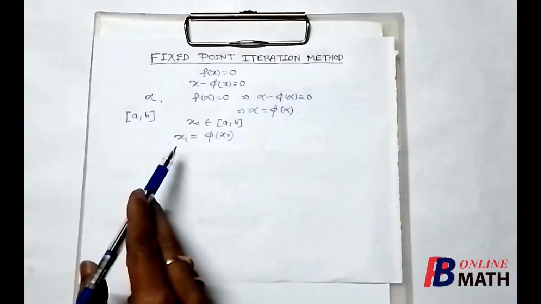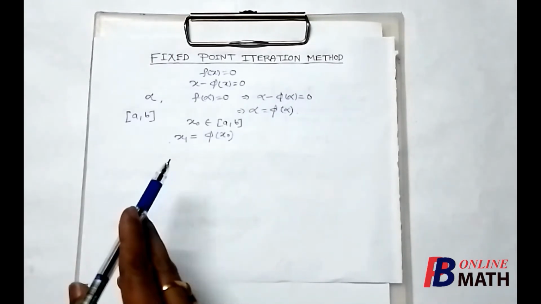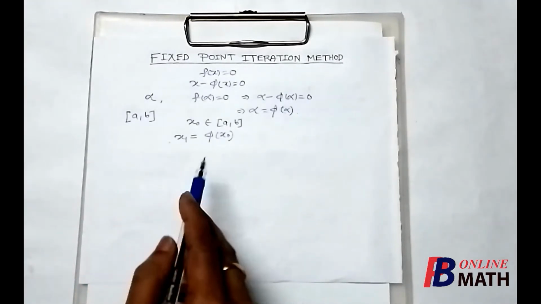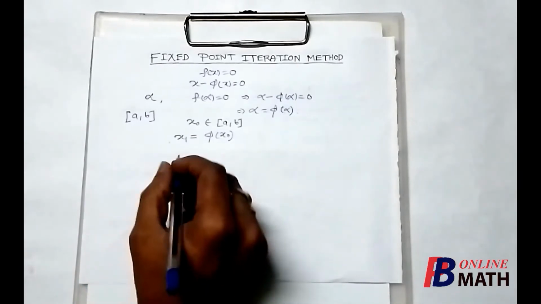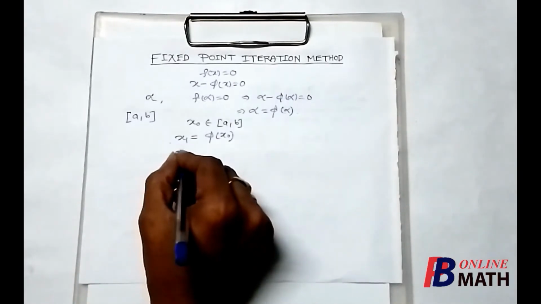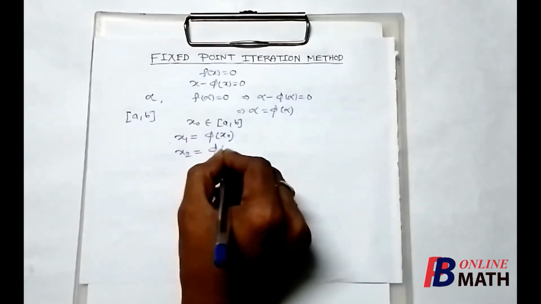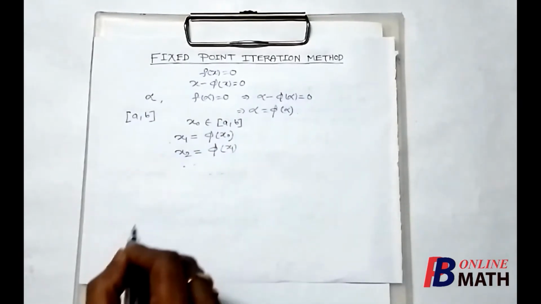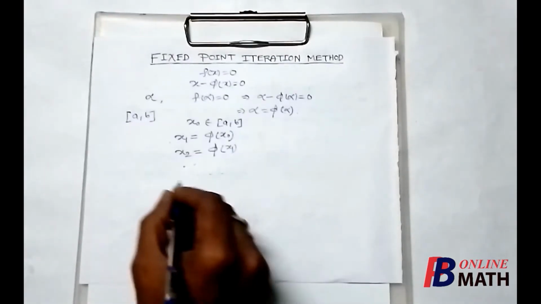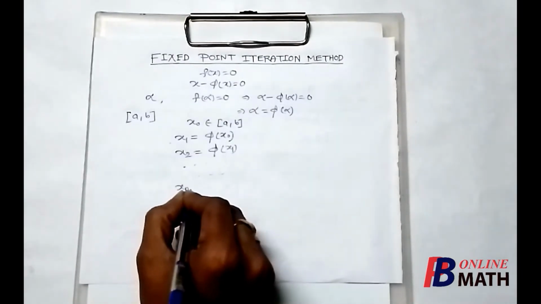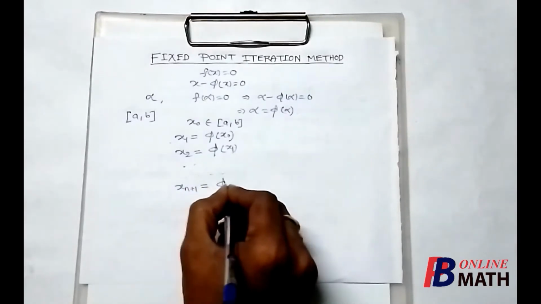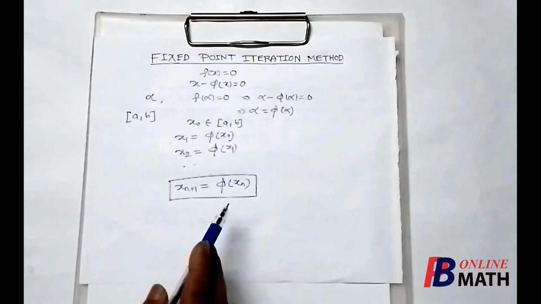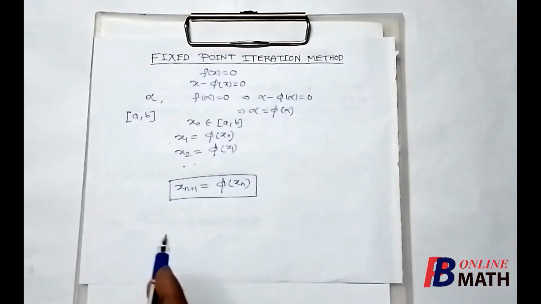Once x1 is obtained, using it we get the next approximate value x2, which will be phi(x1). Continuing in this way we can get the successive approximations. In general x(n+1) equals phi(xn). This is the iteration formula from which we get the successive approximations.